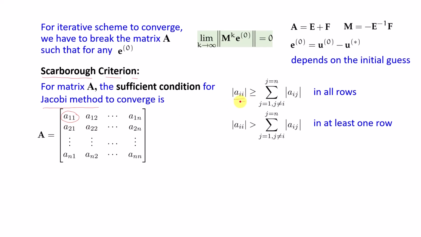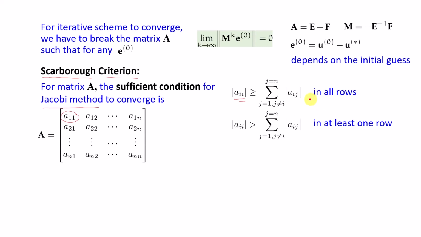should be greater than or equal to the sum of the absolute values of all other elements. So, for example, in row 1, it means that a11 should be greater than or equal to the sum of a12 plus a13, etc., in absolute value.